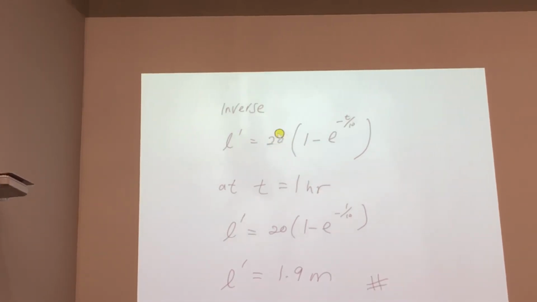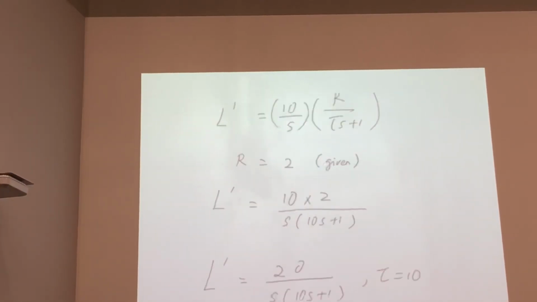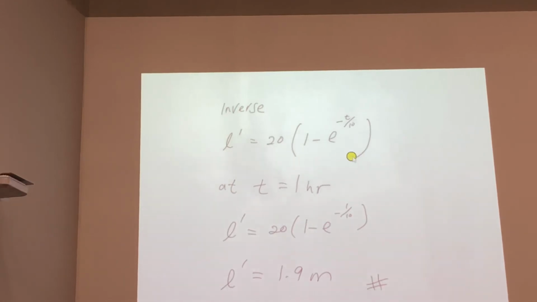And this 20 is just a constant, so I do not inverse it. When I inverse 1 over s(10s plus 1), I have this one. Okay? So you can see that the level compared to the steady state is now represented by this equation if I use the first order transfer function.